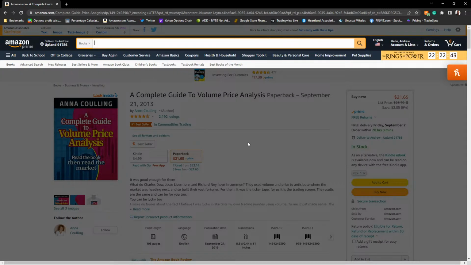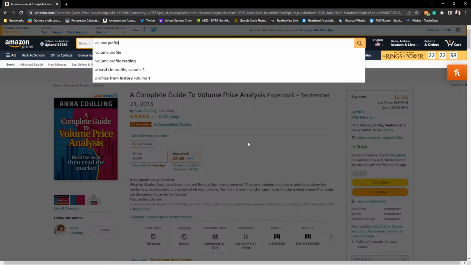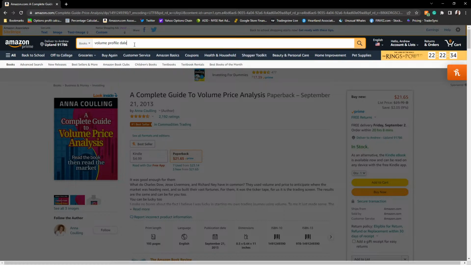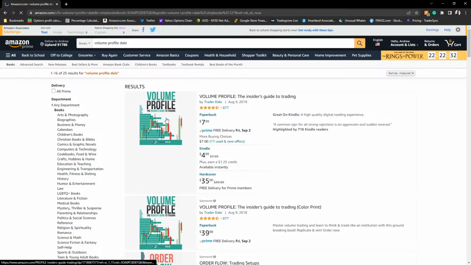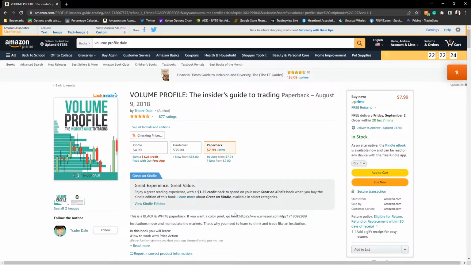And then another book that's a must read: Trader Dale. If you find value in what we're talking about today so far, volume profile, POCs, value area high, value area low, this book is an absolute must, and it's inexpensive.